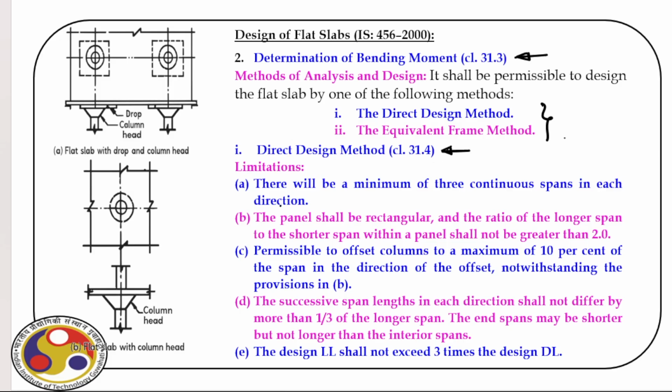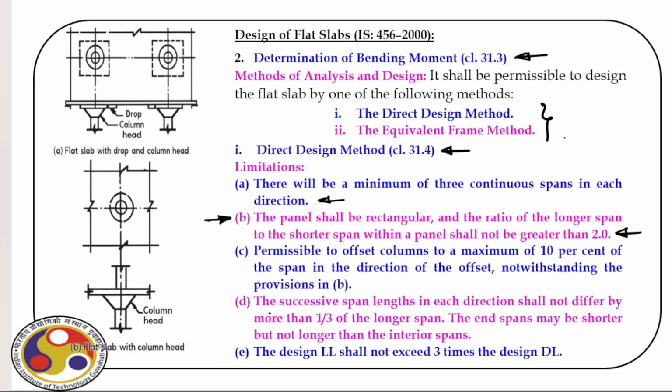It has certain limitations. There will be a minimum of 3 continuous spans in each direction. The panel shall be rectangular and the ratio of longer span to the shorter span within a panel shall not be greater than 2. Permissible to offset columns to a maximum of 10% of the span in the direction of the offset, notwithstanding the provision B, which is here.